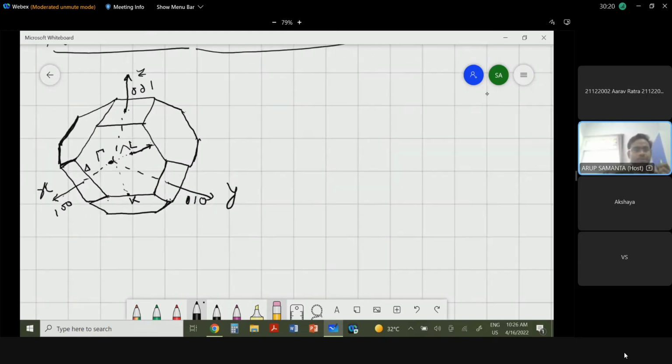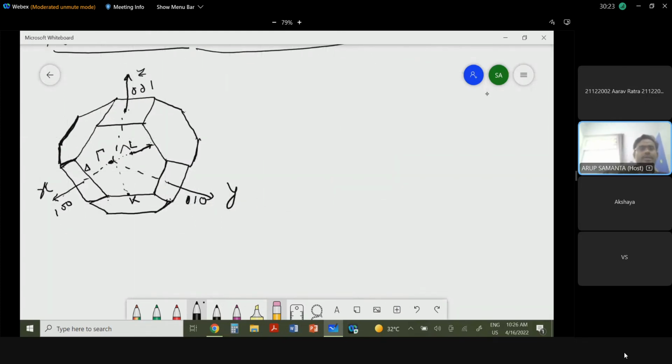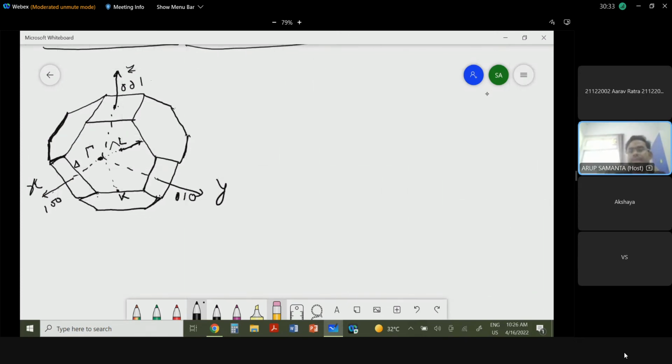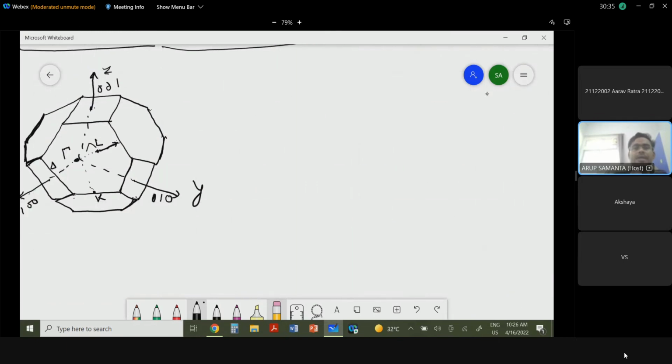Now, few important things. Based on that, I want to draw the energy band diagram. Earlier I gave you the concept of how to draw the band from the origin, but we tentatively considered the schematic. I always said the schematic energy band diagram is something like this.